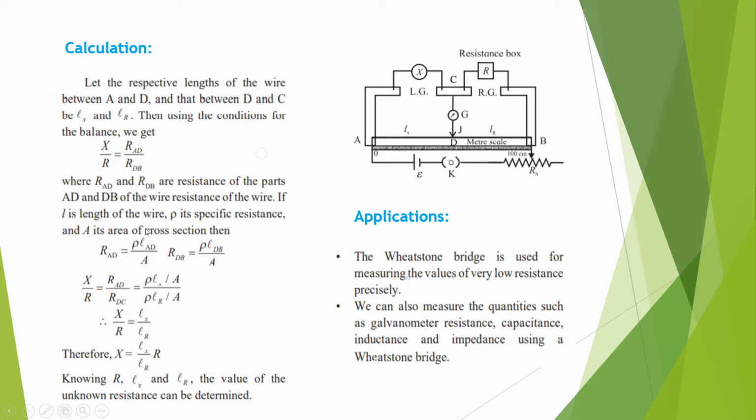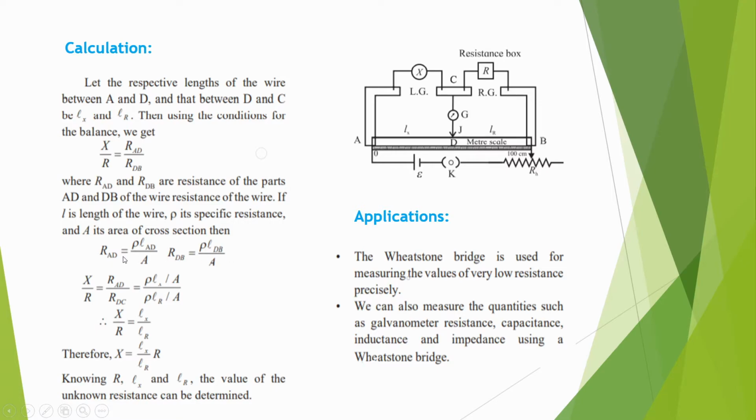R is equal to rho L upon A. We have already discussed the specific resistance in 11th science. Rho is equal to RA upon L, so R is equal to rho L upon A. So RAD is equal to rho LAD upon A, and RDB is rho LDB upon A.